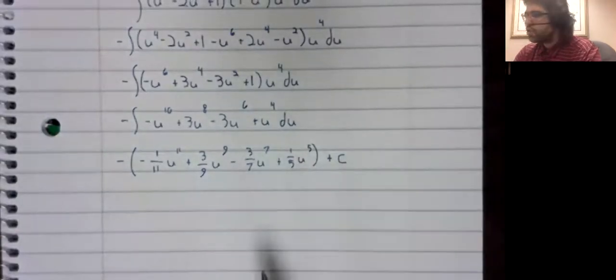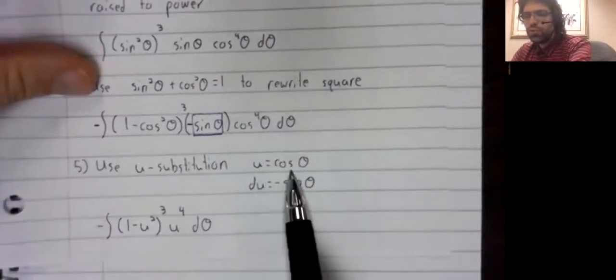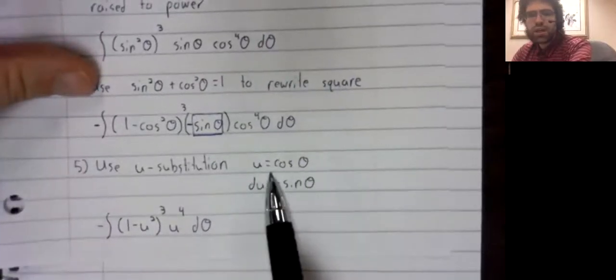And of course, u is a dummy variable. u is the cosine of theta.